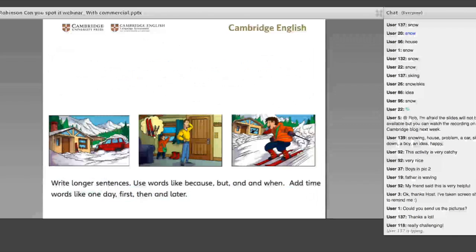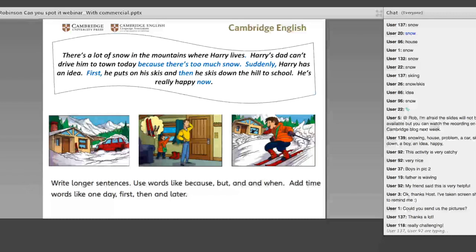We can also train them to write longer sentences. So they can join sentences together, shorter sentences, with words like because, but, when. They can say when things happened, the order that things happened in.